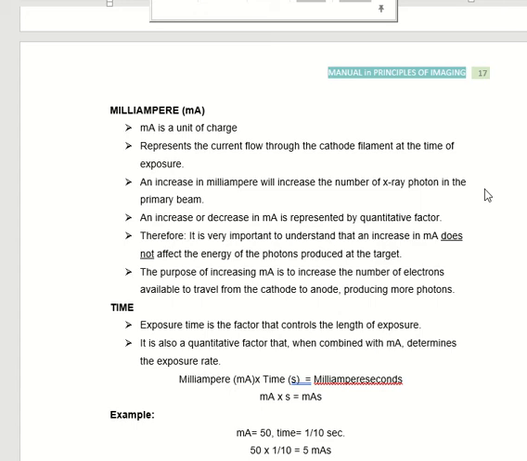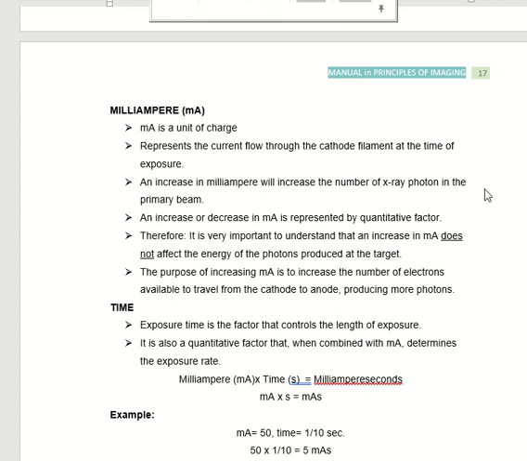An increase or decrease in MA is represented by a quantitative factor. So we can quantify that and we can select that factor on our control console.